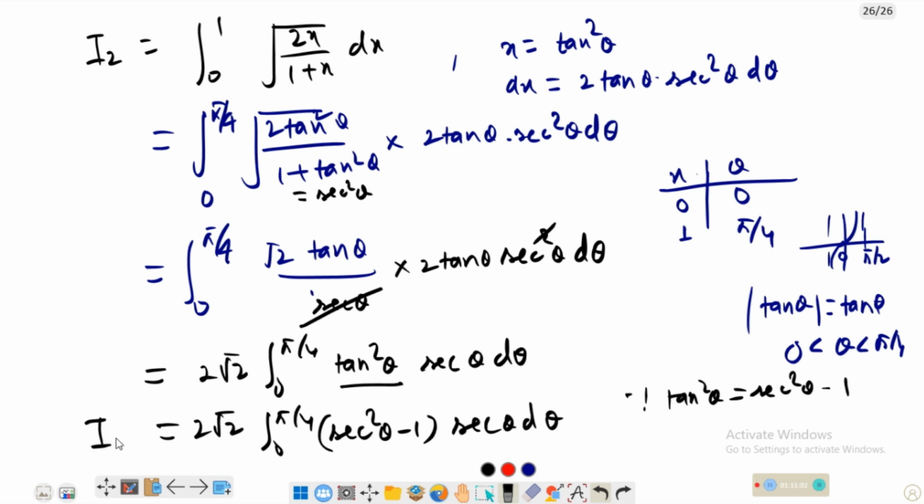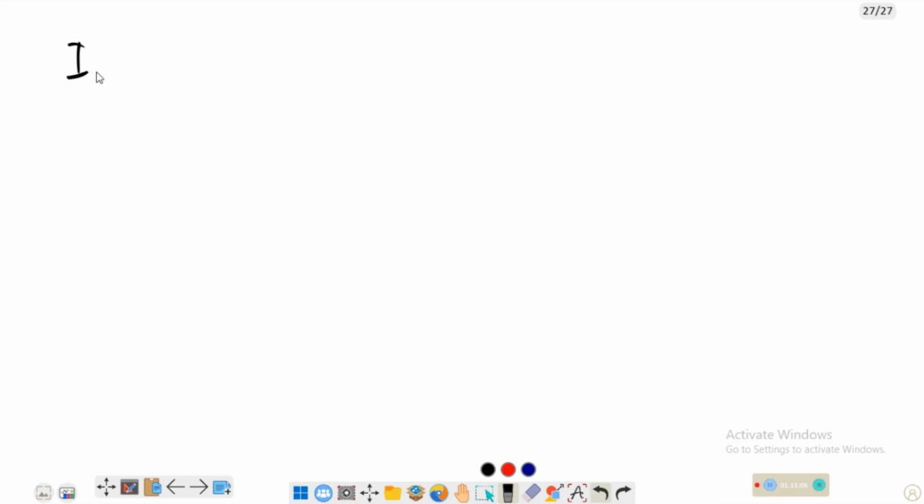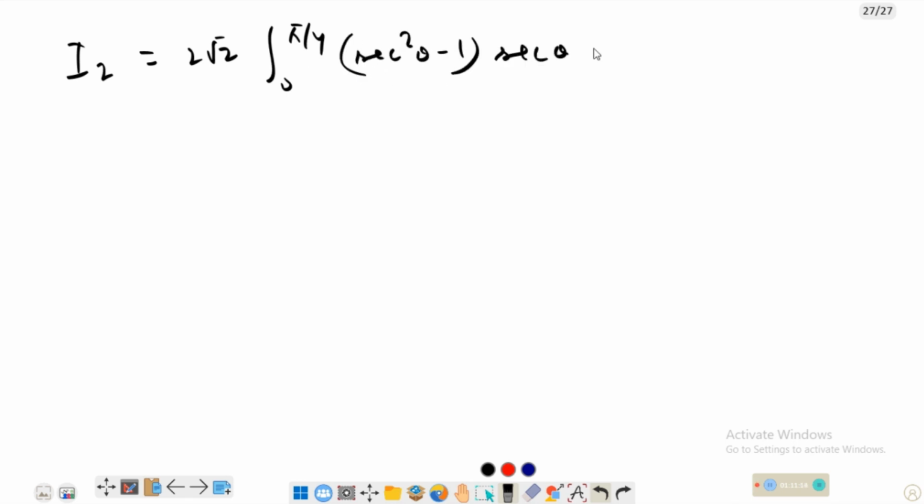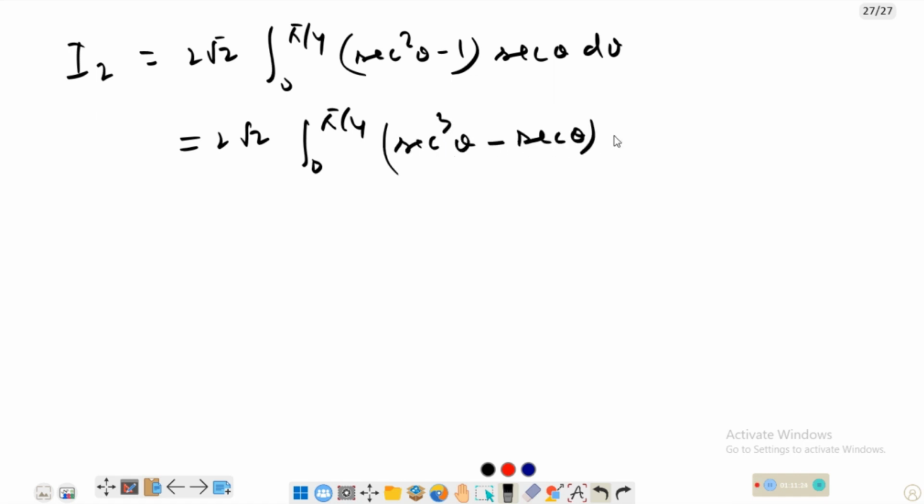This is I2. So I2 is equal to 2 root 2 integral 0 to pi by 4 of sec cube theta minus sec theta d theta. Again there are two integrals.